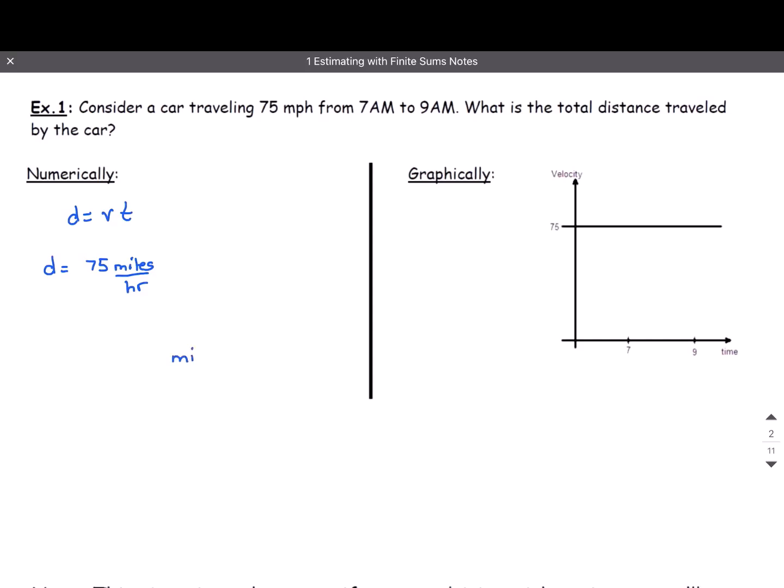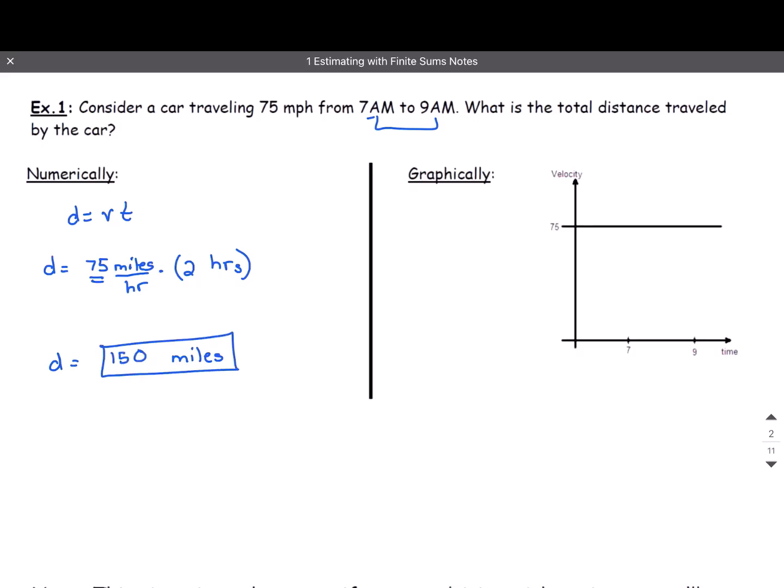So what do we have to do? We have to multiply by hours to get only miles. So we're driving 75 miles an hour from 7 to 9 a.m. That's a total of 2 hours. So 75 times 2, that's 150 miles that the car has driven.